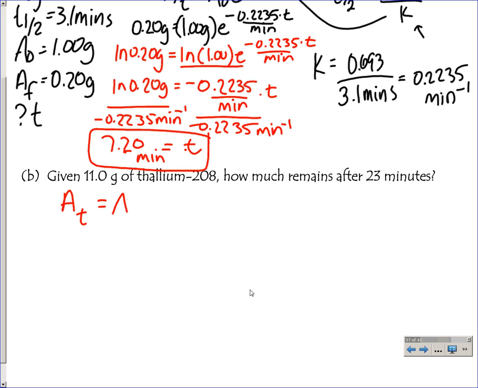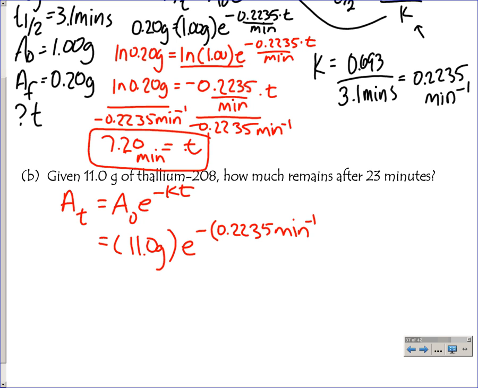A at the time t is equal to A sub naught times e to the negative kt. Plugging in information, we have 11.0 grams initial value, e to the negative k. K was already determined up in part A, 0.2235 per minute times the time elapsed of 23 minutes.